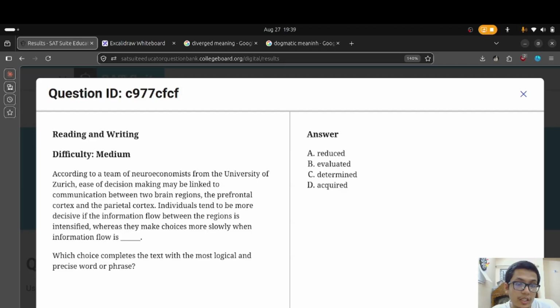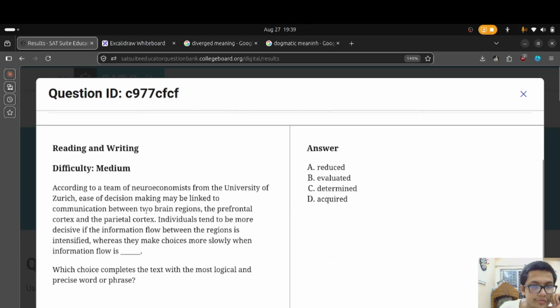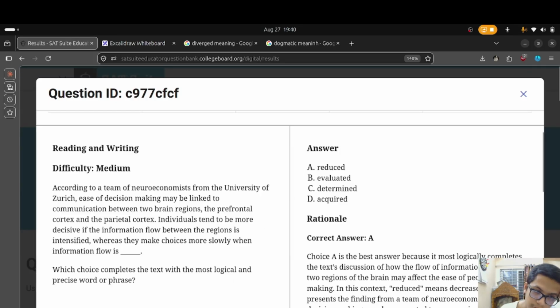Individuals tend to be more decisive if information flow between the regions is intensified, whereas they make choices slowly when the information flow is reduced. It's an easy question, like positive and negative. So it's the information flow rate. So it should be reduced. A, it's reduced.